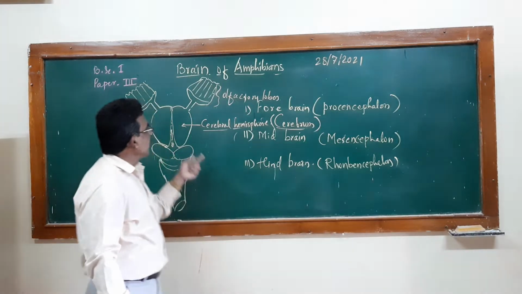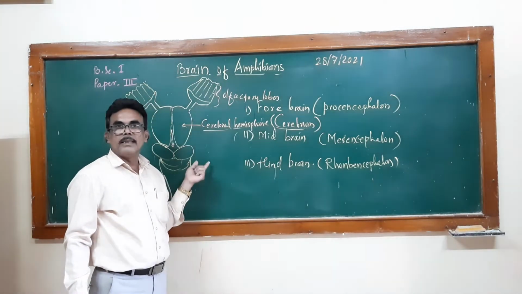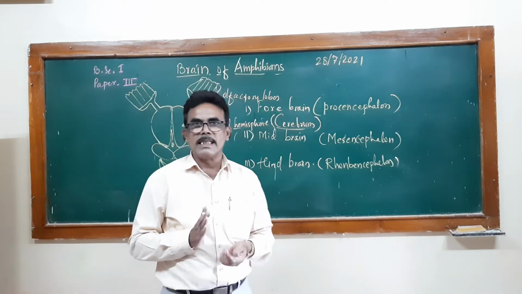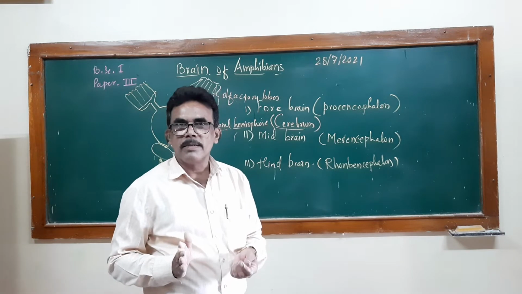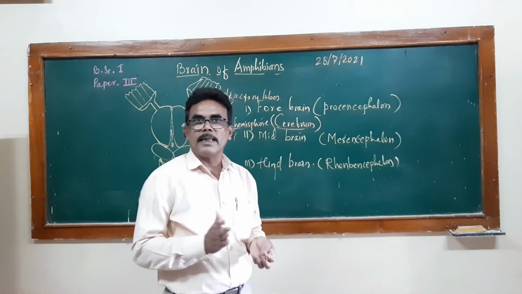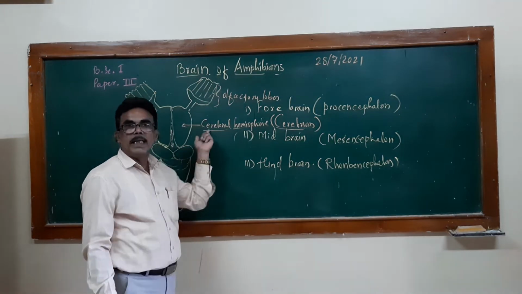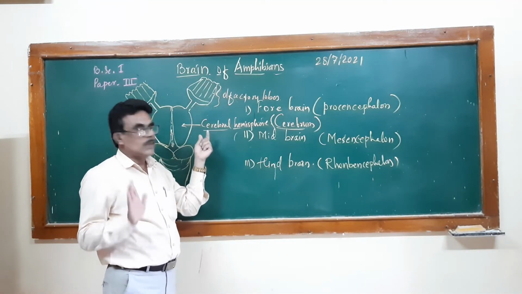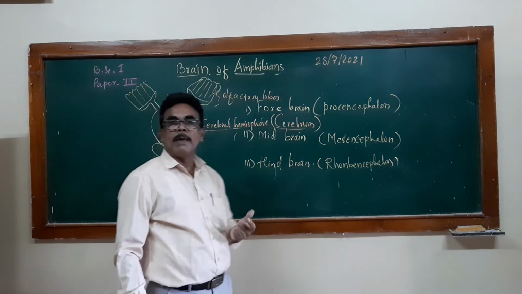The function of this cerebrum is that it is the seat of intelligence, emotions, willpower, coordination, and controlling voluntary activities of the body. Very important functions are attributed to the cerebral hemisphere.